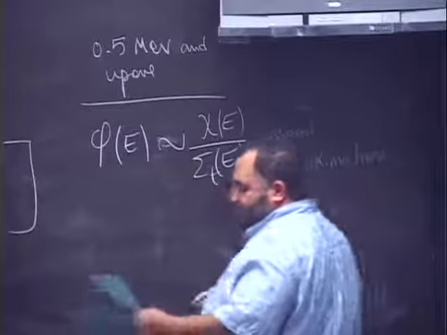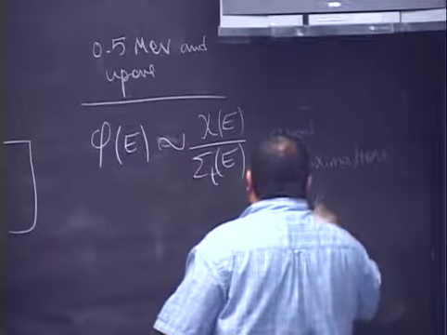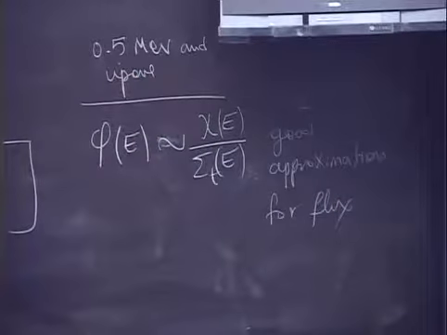This is to a very good approximation for the flux. If you are above half MeV, the flux is proportional to chi of E divided by sigma total of E.